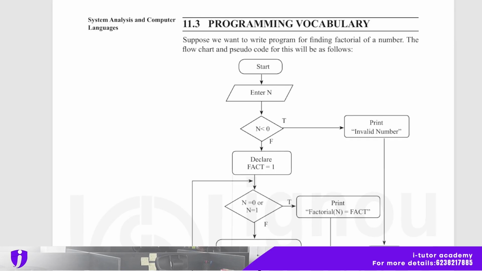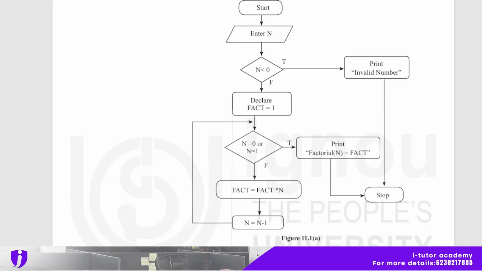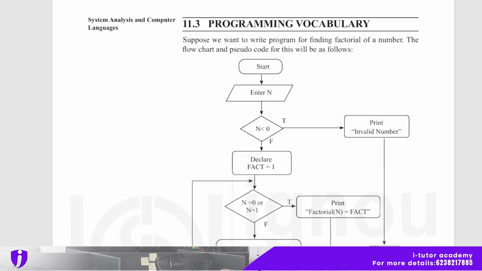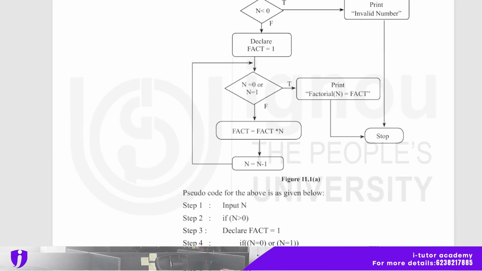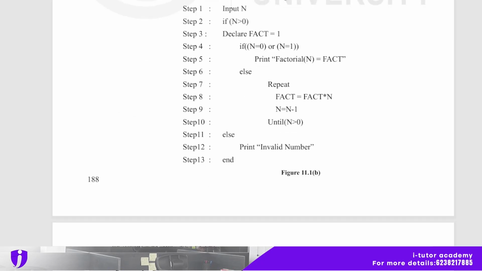Suppose we want to write a program for finding the factorial of a number. The flowchart or pseudo code for this will be: there is start, there is enter n. You just go through this figure. This is the way for the programming vocabulary. So step 1 is there, step 2 is there, 3, 4, so many steps are there.